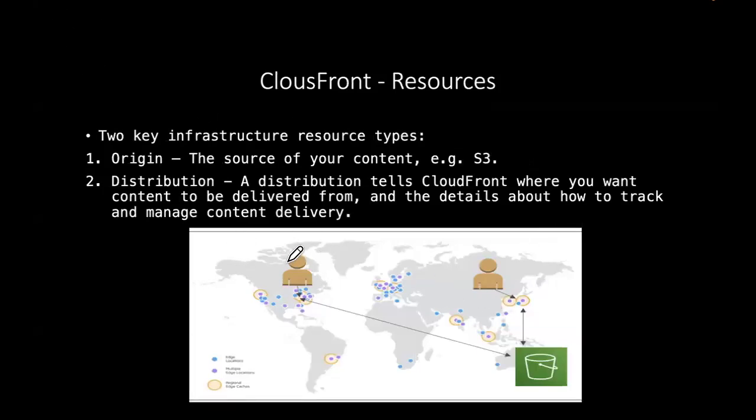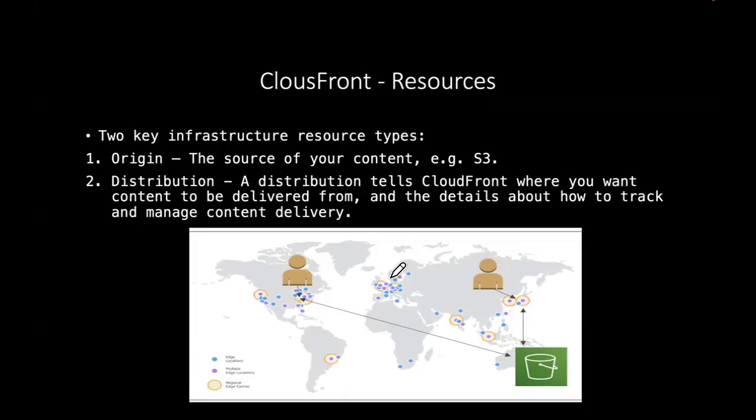The visual here shows that we've got a user in a particular part of the world. That user enters the URL of my website, or it actually won't be the S3 bucket URL, it'll be a CloudFront URL, but that's okay. We'll come on to that in a moment. That request will hit the geographically closest POP or edge location server to that user. And if it has the content that it's looking for, it'll serve it to them.